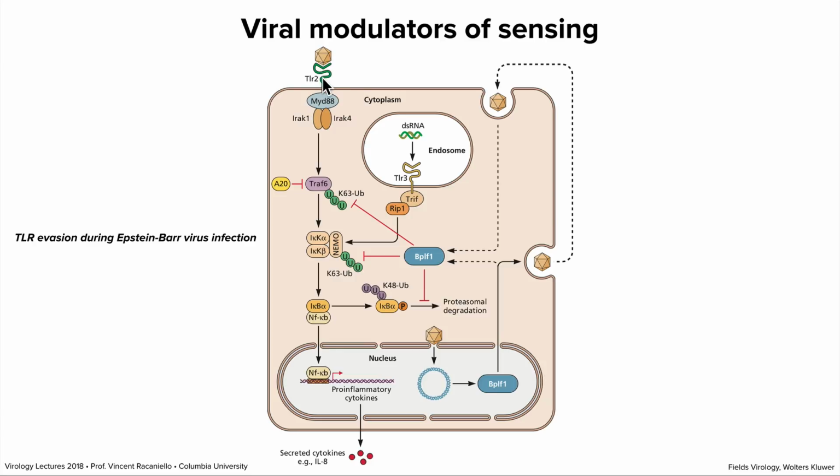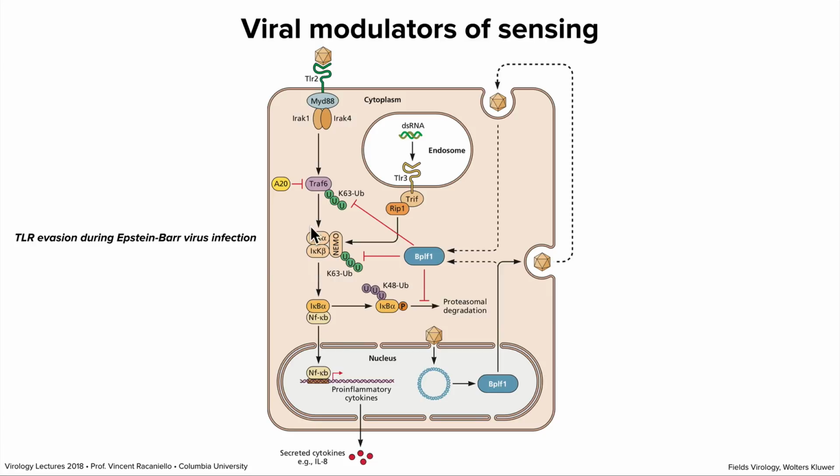When that happens, it initiates a signal transduction pathway, which eventually will result in NF-kappa B going into the nucleus and the production of cytokines, which will then be involved in inhibiting viral proliferation. Shown also in this image is double-stranded RNA sensing in the endosome by TLR3, which leads to signaling also fitting into this pathway. Epstein-Barr virus encodes a number of proteins that antagonize this pathway.